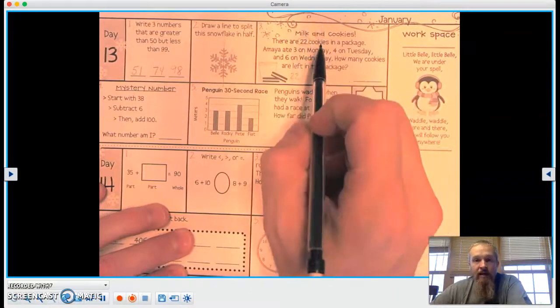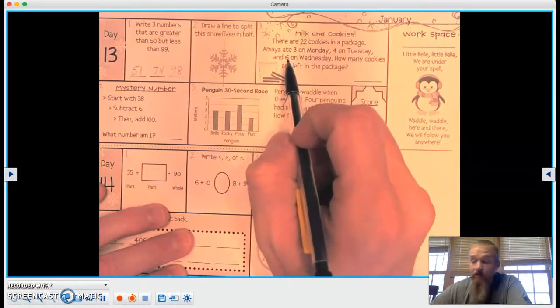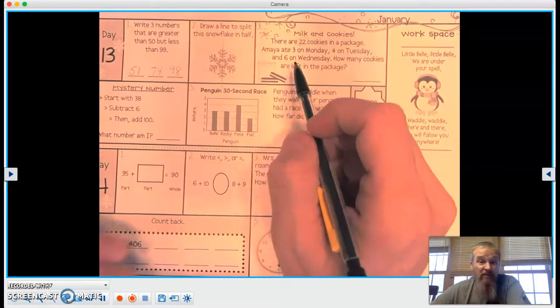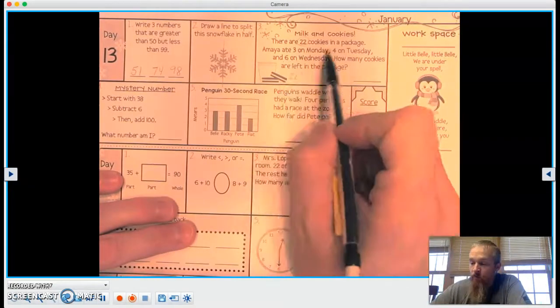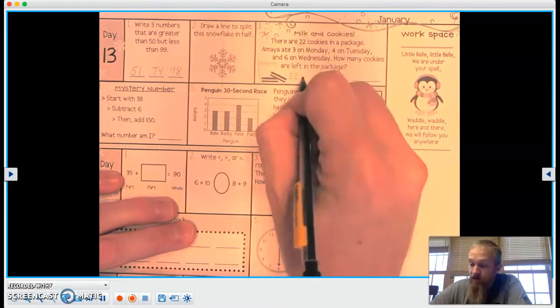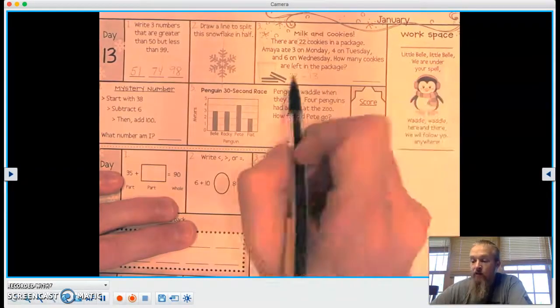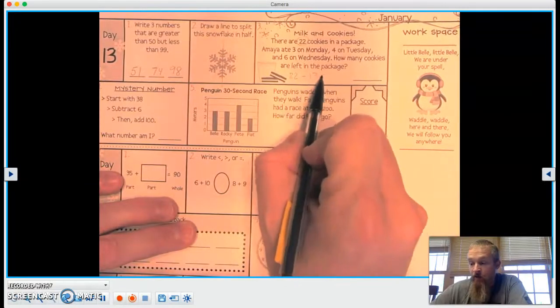Now, she ate 3, 4, and 6. So we have to add that up total, right? So we've got to figure out how many she ate altogether. 6 and 4 are 10, and 3 more is 13. So she ate 13.